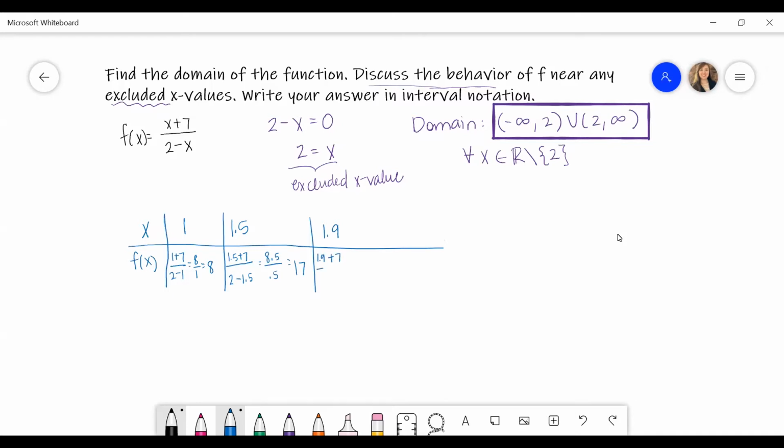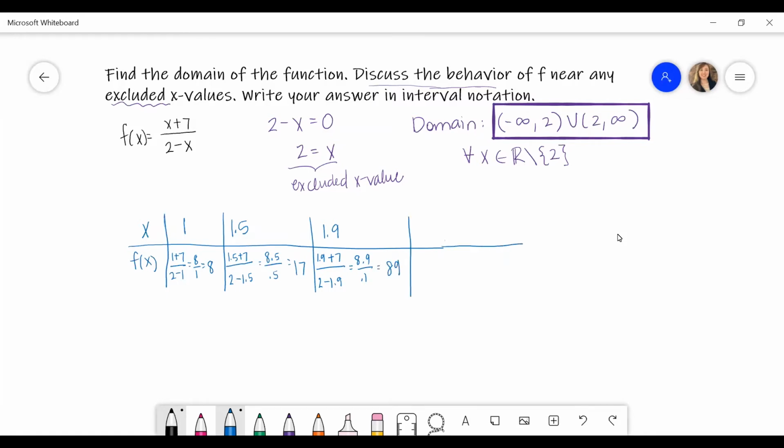1.9 plus 7 divided by 2 minus 1.9. So that's 8.9 divided by 0.1. And that gives us 89, much larger.